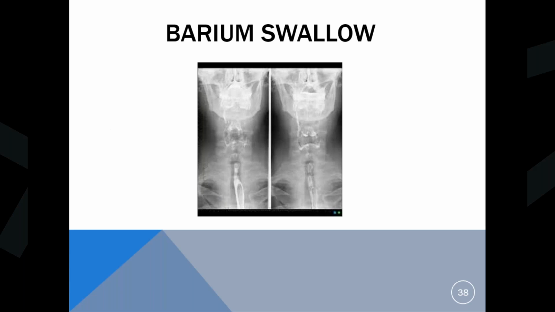So here's a barium swallow. What they'll do is mix the barium into applesauce with crackers, or juice, and then have the patient swallow it. As they're swallowing it, they're able to track it going down through the esophagus.